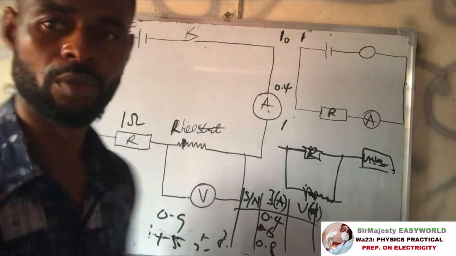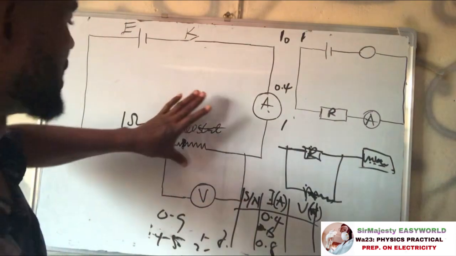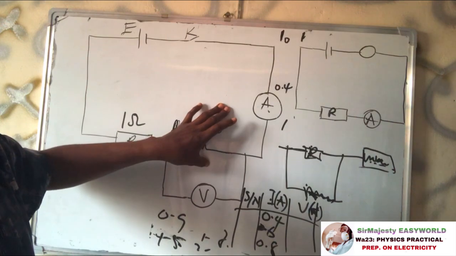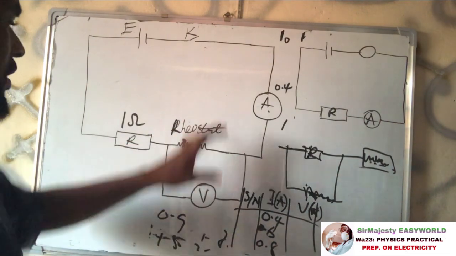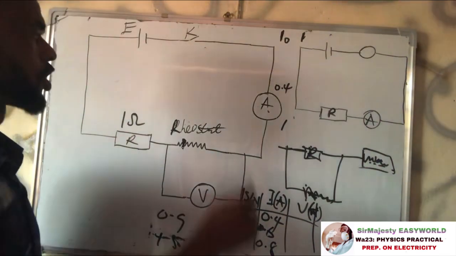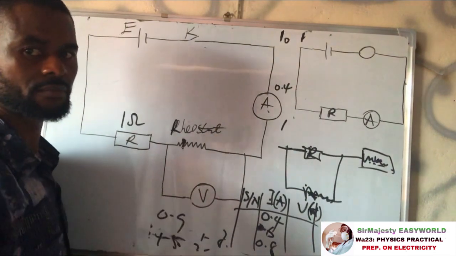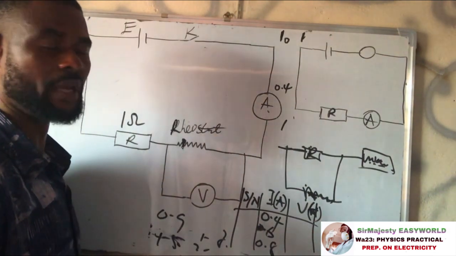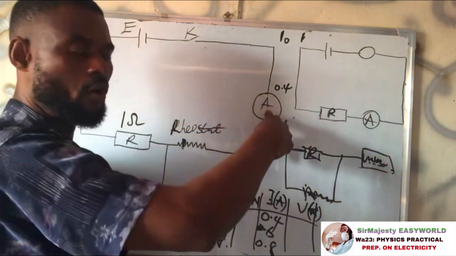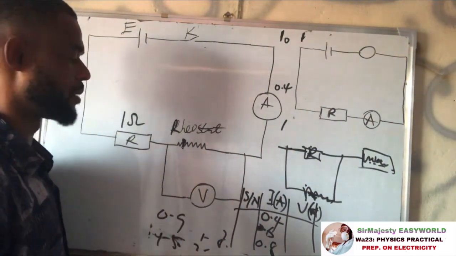But there is something I want to let you know. If the diagram looks like this, I don't have to stress myself by doing the practical, because the current passing here is the same as the voltage here. So if this one is 0.4 ampere, I should have 0.4 volts in this one because of this connection.